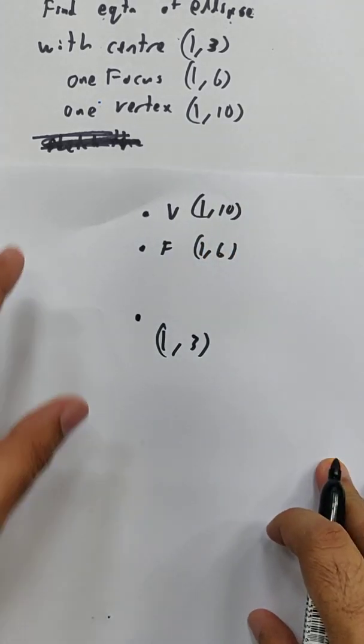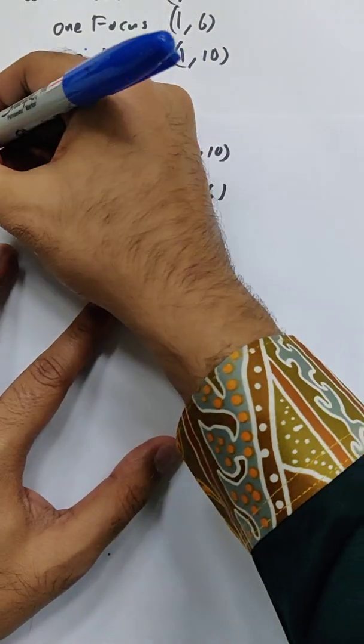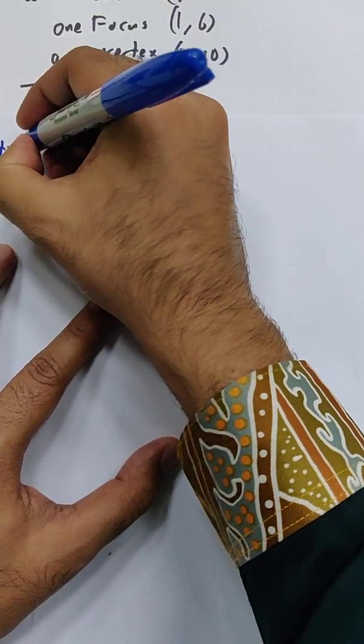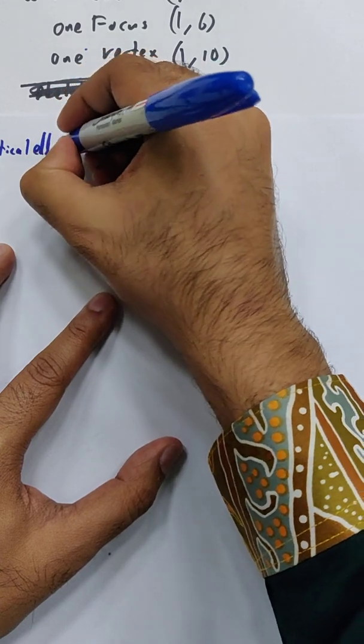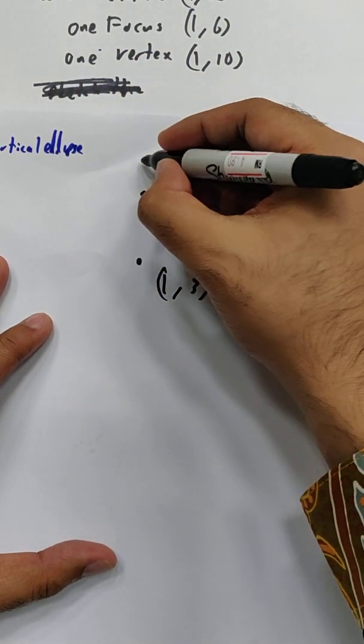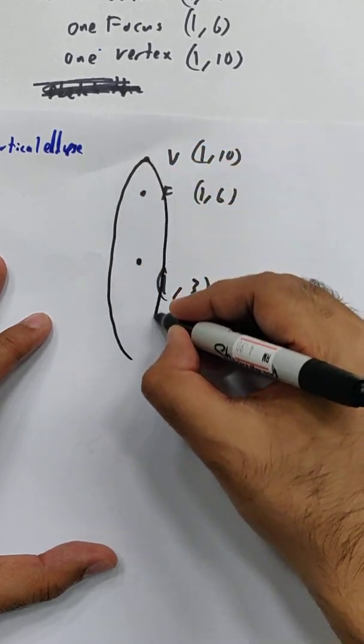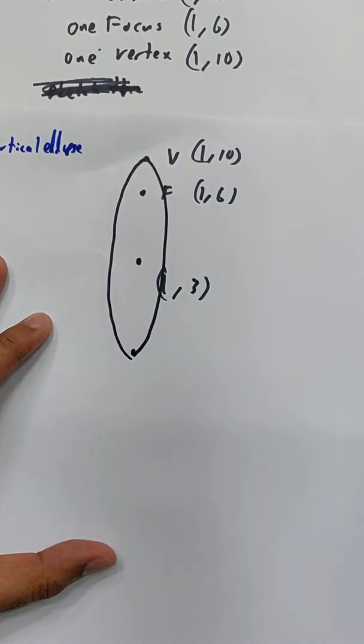By this information, can you tell me what type of ellipse I am having right now? I'm having a vertical ellipse, very good. So my ellipse is going to look something like this. I try not to make it as potato-like as possible.